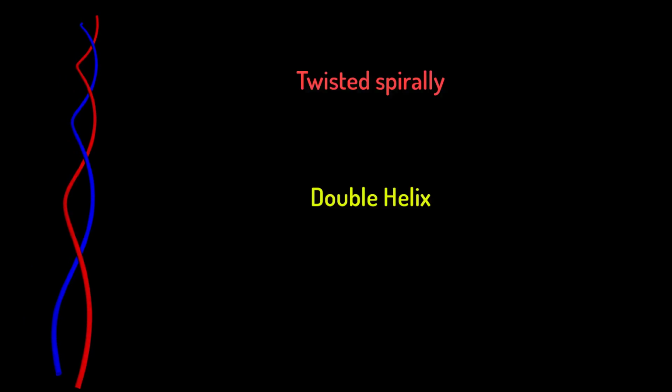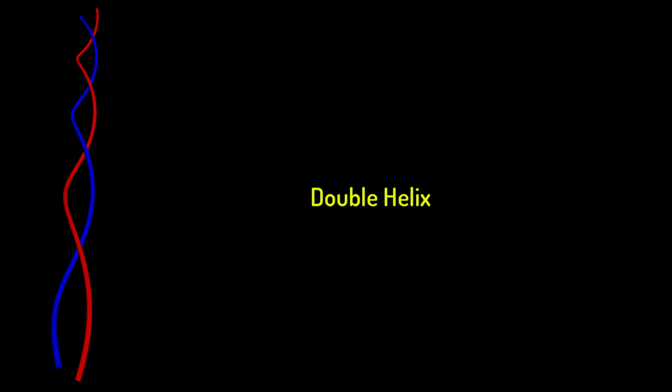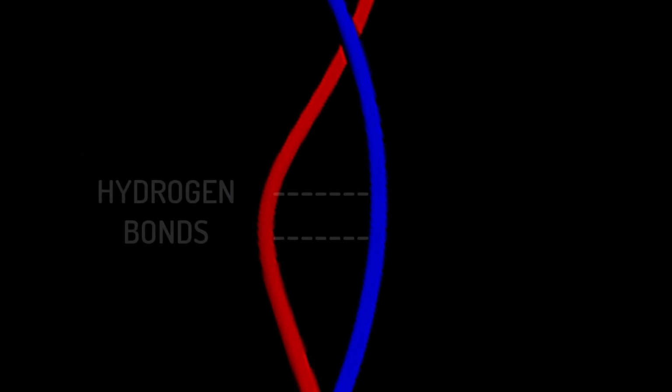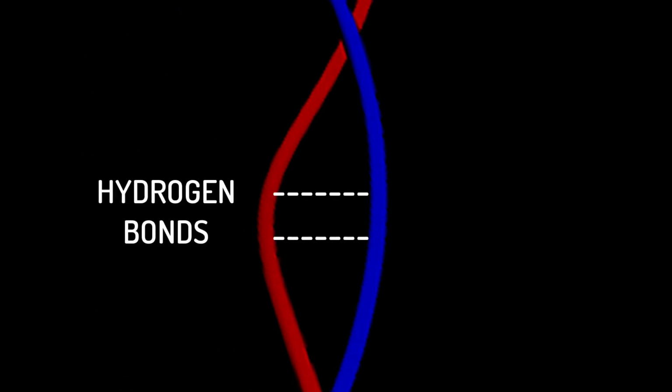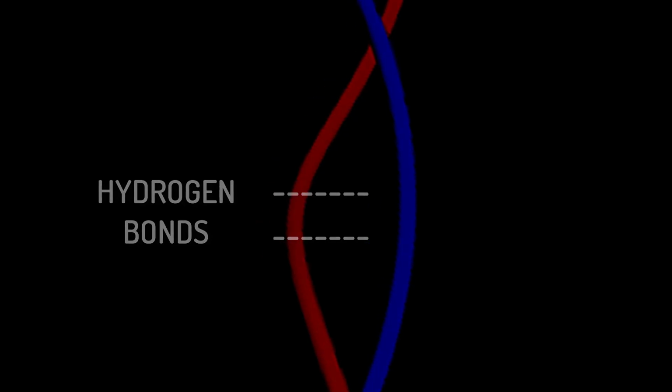So, what is DNA made up of? DNA is made up of two strands which are twisted spirally as a double helix. These two strands are held together by hydrogen bonds and are complementary to each other. So what does the word complementary mean?